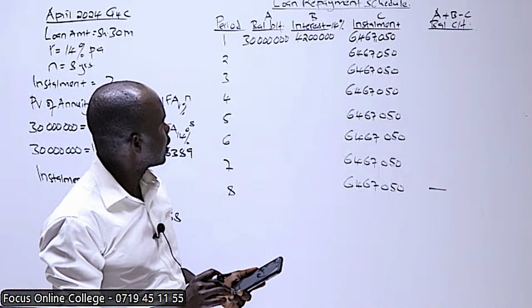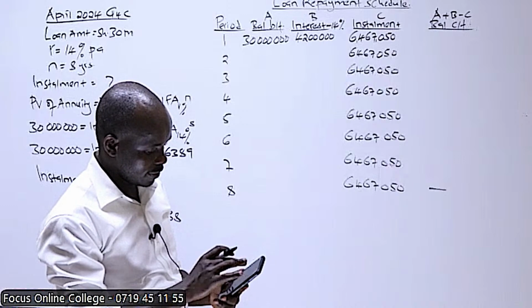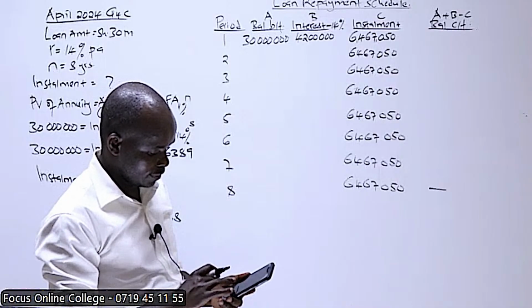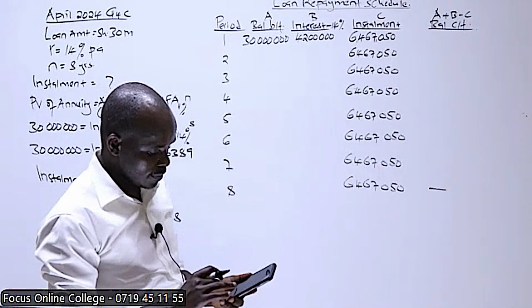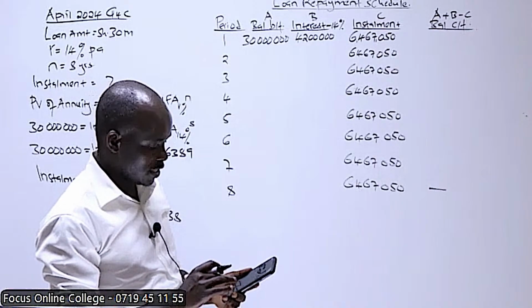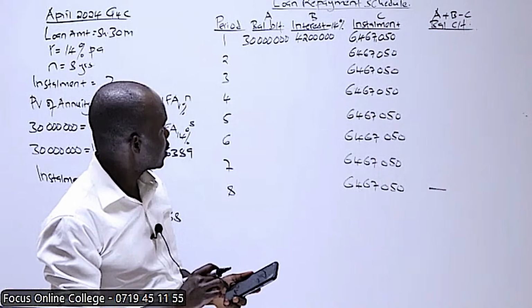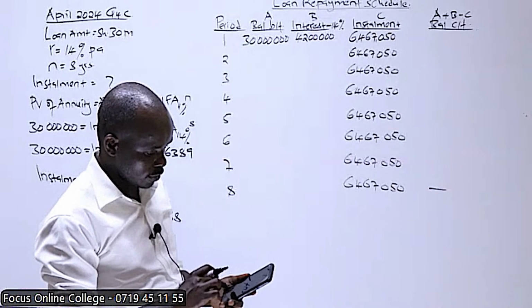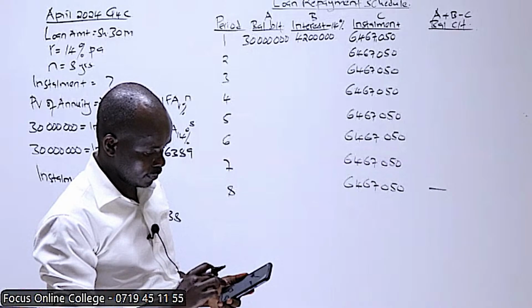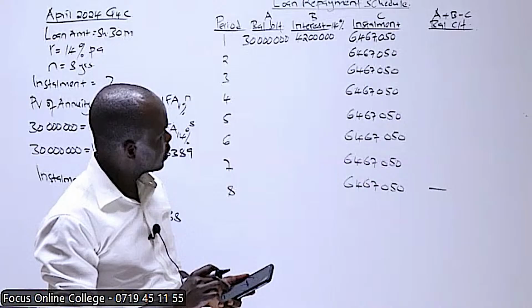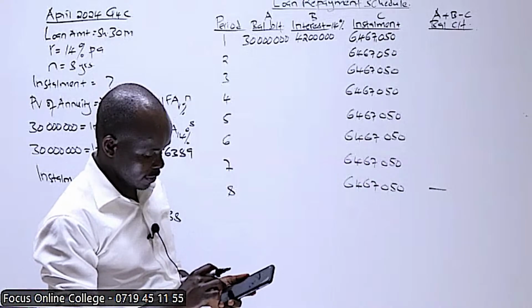So you're saying 30 million plus 4.2 million minus 6467, 050.